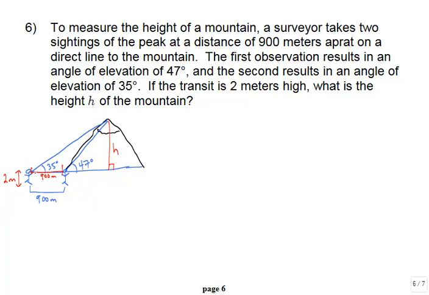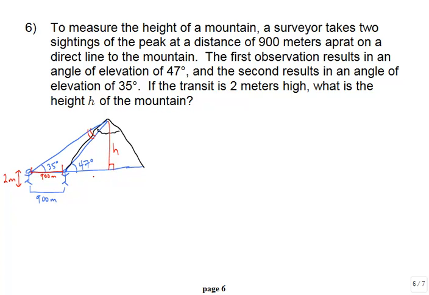Now this 900 is the only length that I actually know, and notice that it is opposite this little angle up here. So if I'm going to use law of sines, I'm going to need to know what that angle is so that I can know an angle and its opposing side. So is there any way to figure out this little tiny angle up here?